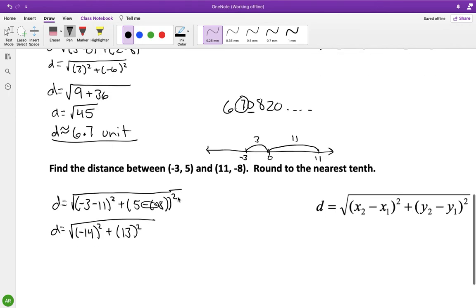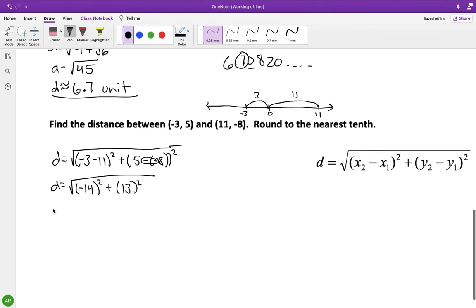Okay, now let's go ahead and continue using the distance formula. Okay, so -14 squared is the same value as 14 squared. So that is 196. So remember, at this point, all these should be positive. If you have a negative number, that means your calculator lied to you or you entered it incorrectly. So just go ahead and make it a positive value. 13 squared is 169.